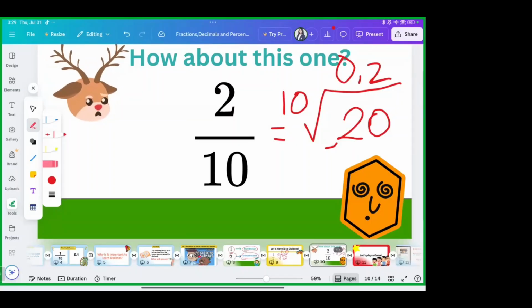So, 2 per 10 is 0.2. Okay, do you understand, everyone? Yes, Miss. If you still cannot understand after this lesson, you can tell me, so I can give you more explanation.